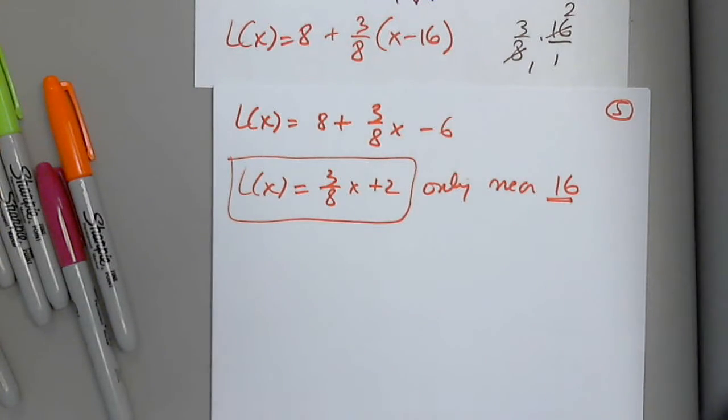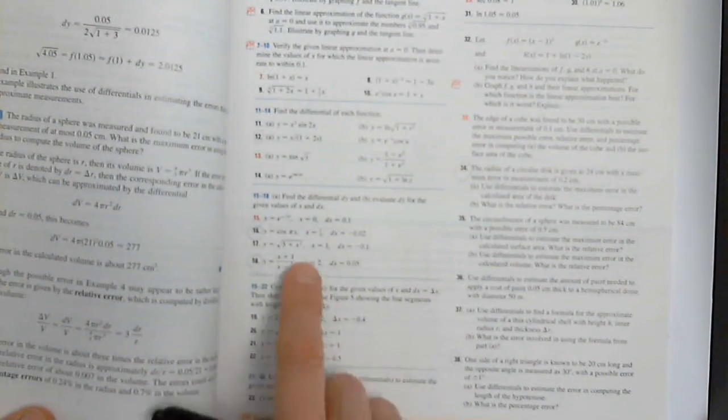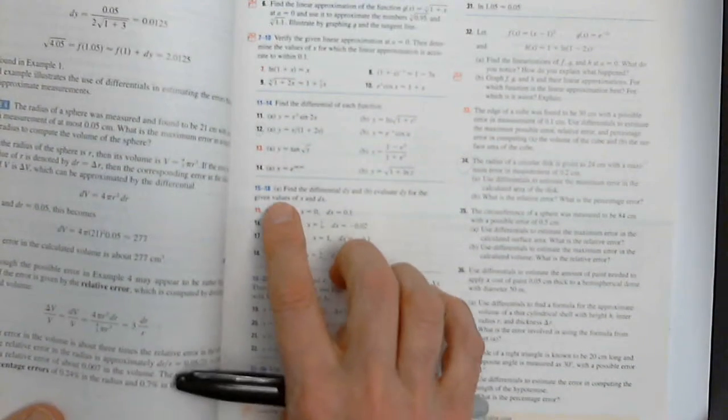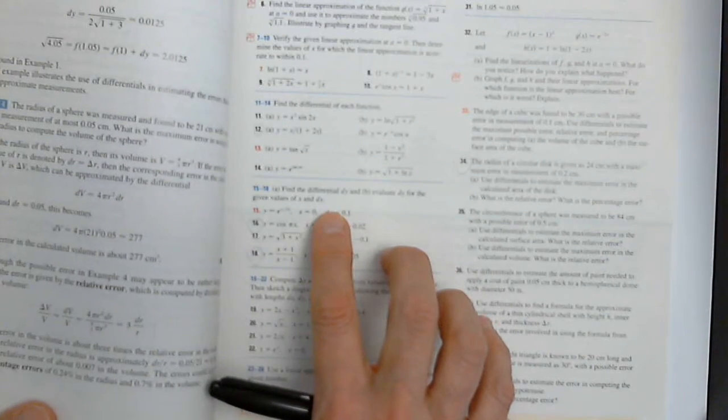Okay, so let's also illustrate the difference between delta y and dy with one of these problems. We can look at find the differential of each function, but that's just one piece. This one is more involved, and I like it better. Let's read: find the differential and evaluate dy for the given values of x and dx.